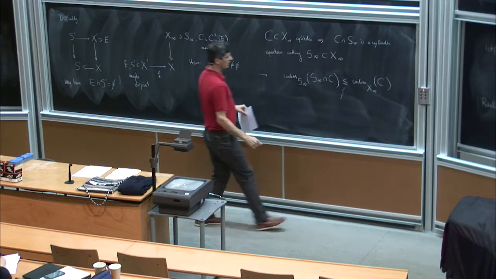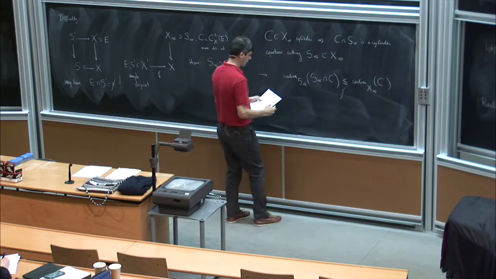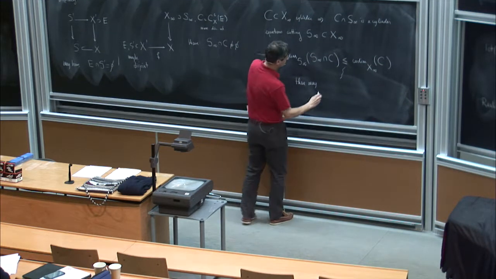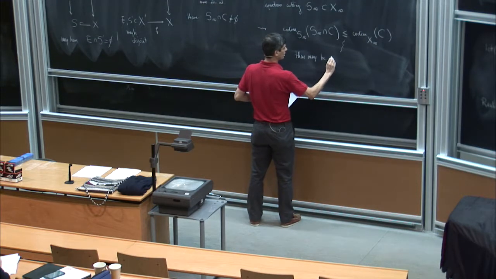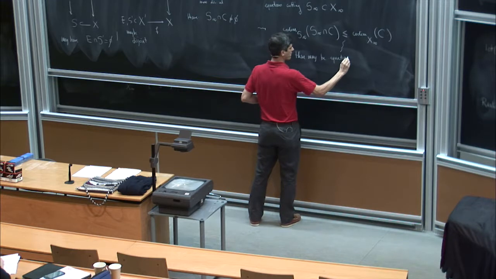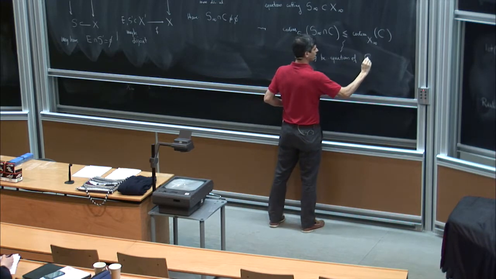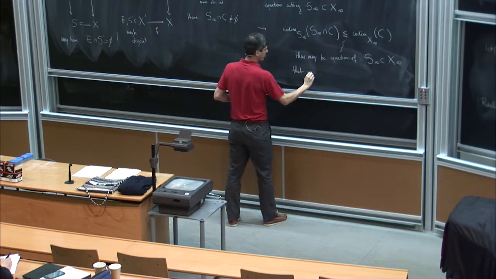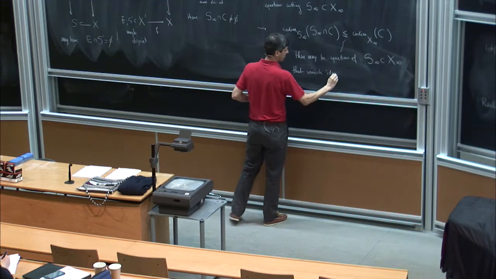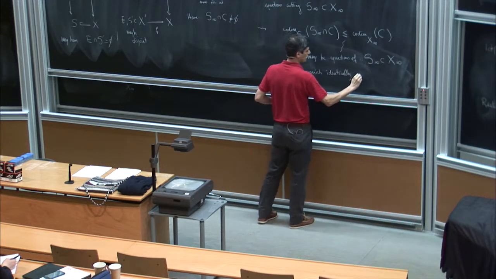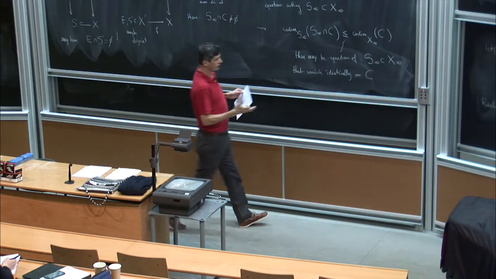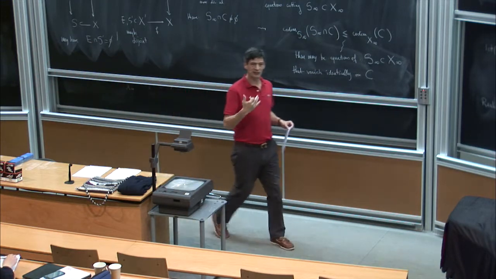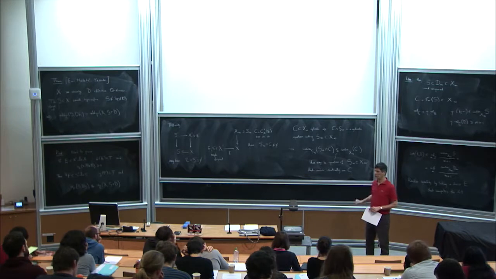And the reason why I only have an inequality is that there may be equations of S infinity inside X infinity that vanish identically on C. So if every time I impose one of these equations defining S infinity, they cut down C properly, then I see the codimension actually is preserved and will be just an equality.